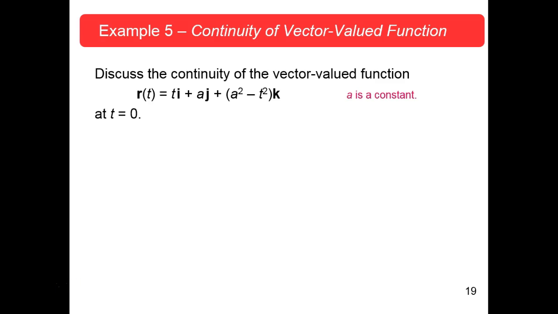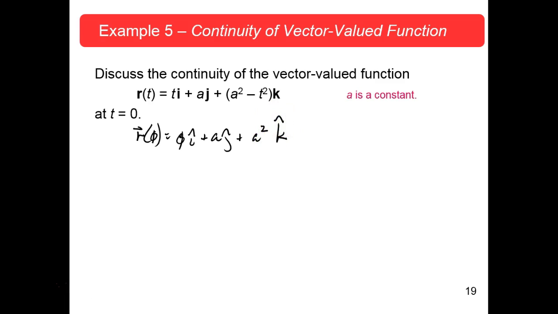When in doubt, you just plug in the value here. What is r of 0? It would be 0i plus aj plus a squared minus 0 k, so a squared k.